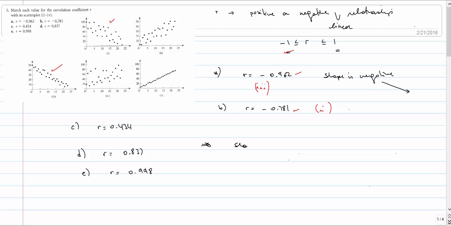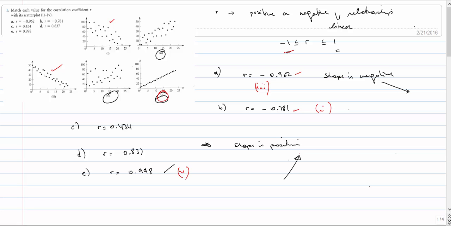That means my slope is positive. That means I have an increasing line. So if I look at these three options left, the highest number, closest to 1, is E. So I would say E here is the fifth one.